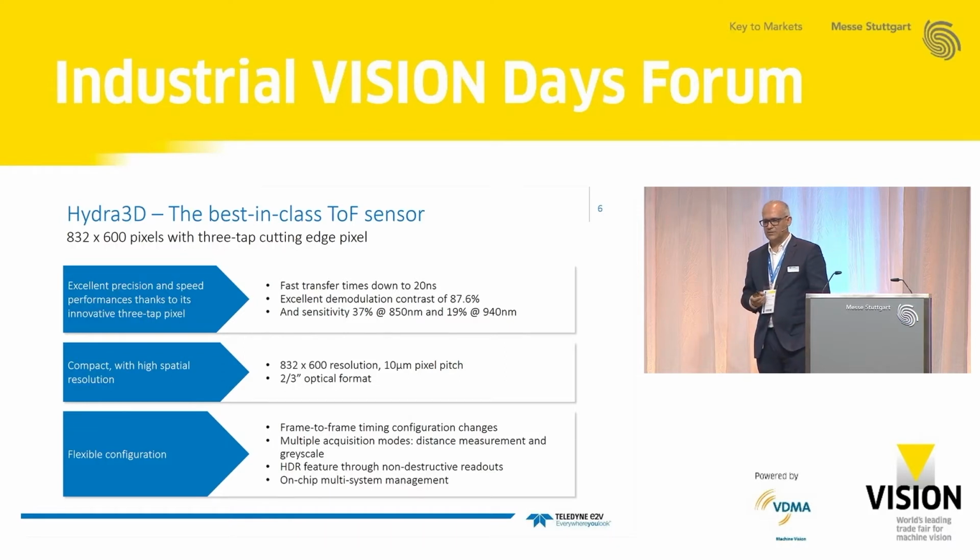I'll explain later what that is. It has very good near-infrared sensitivity and modulation contrast. In addition, it's super flexible in the way distance measurement, high dynamic range and similar features can be configured. And on top of that, it incorporates a functionality on chip to let multiple systems work in the same area without interfering with each other.